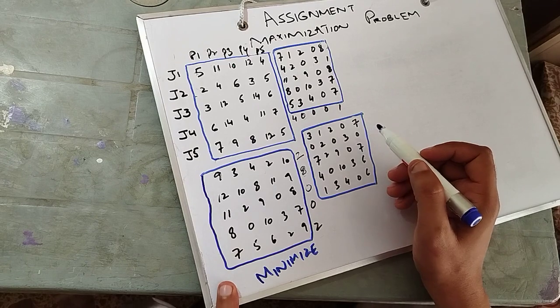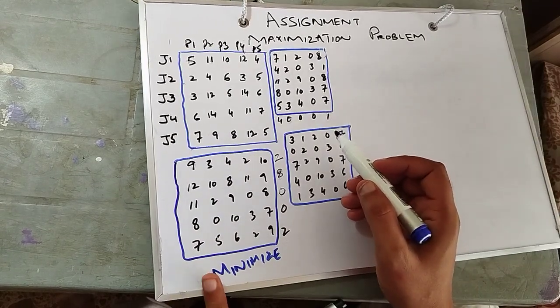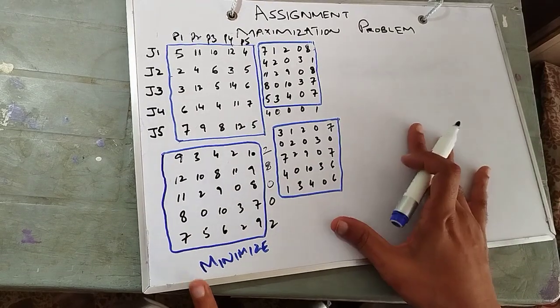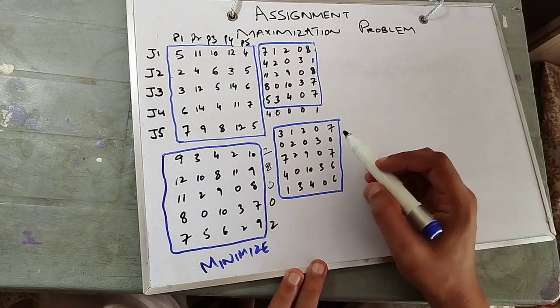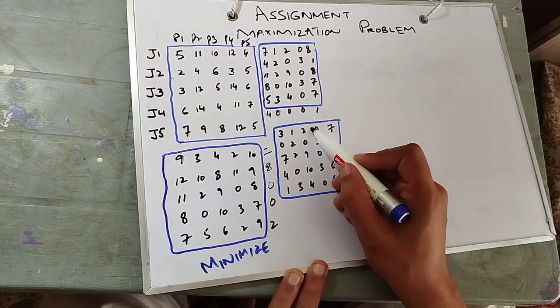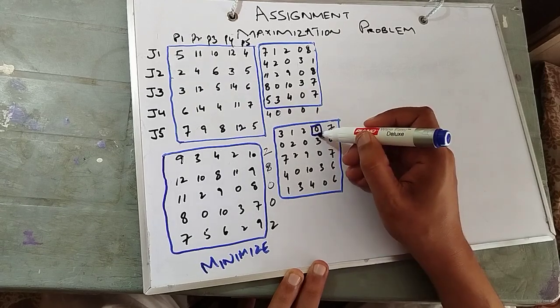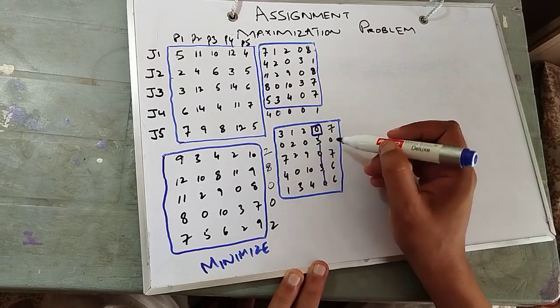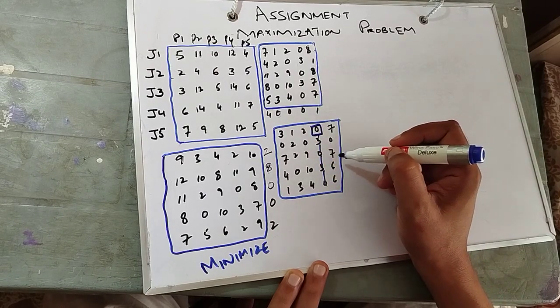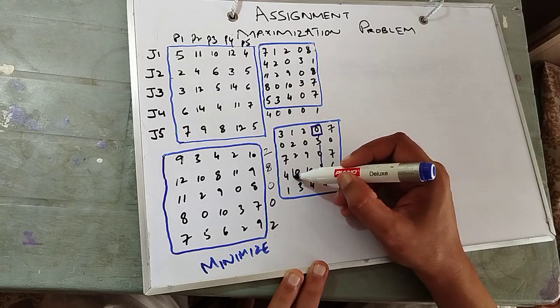First assignment would be starting from the row. So first one, and when it is assigned, the whole column has to be crossed. Second, there are 3 zeros, we will not be able to assign. Third, we cannot assign. Fourth, we can assign.